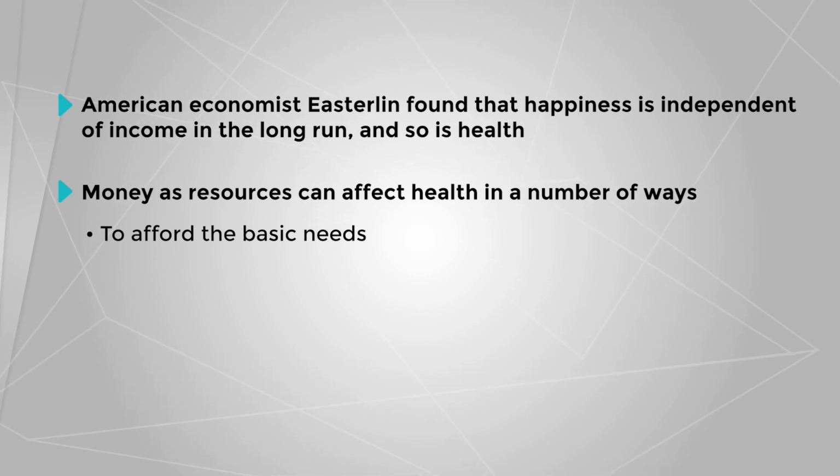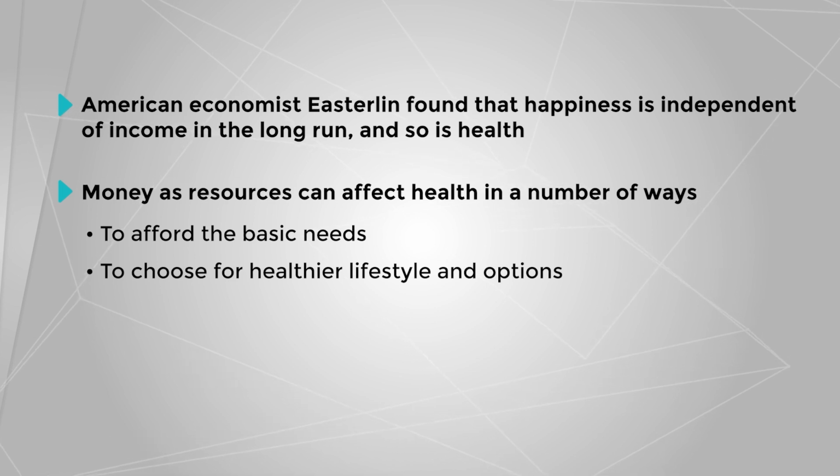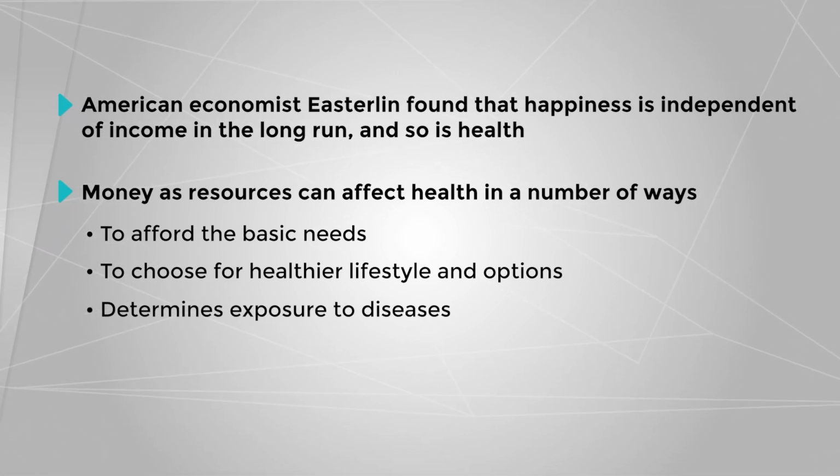This pertains to mainly physical health. However, earning above average enables one to have more choice, that is, to choose for healthier lifestyles and options. The level of income also determines the kind of disease one may be exposed to.